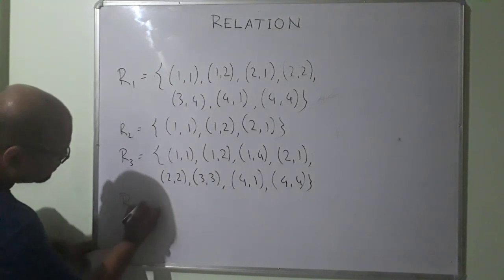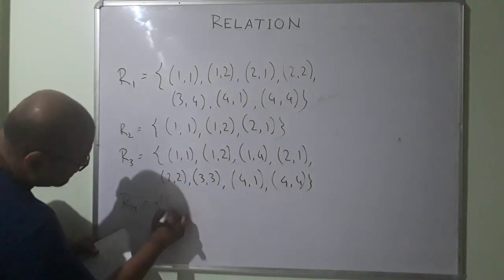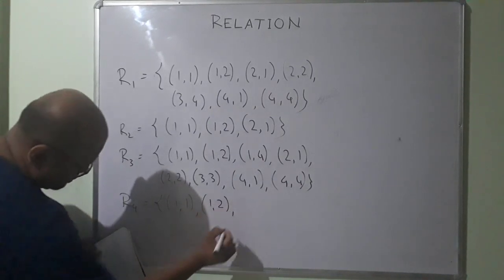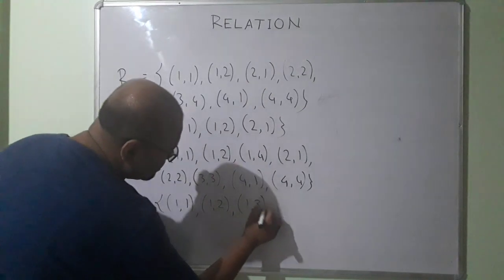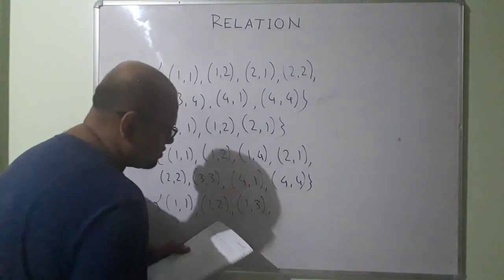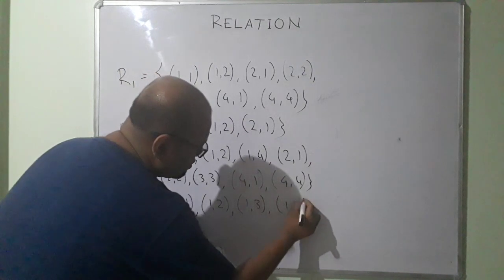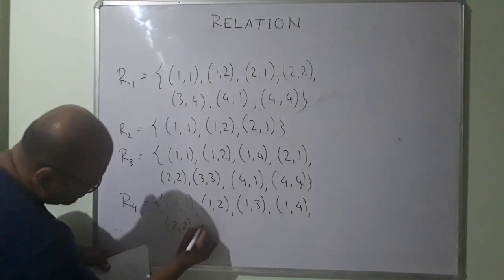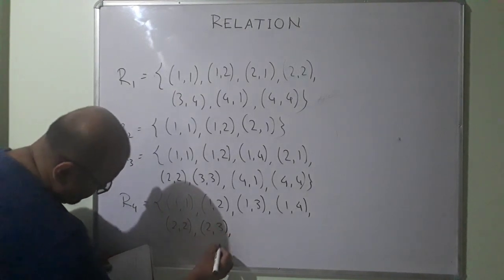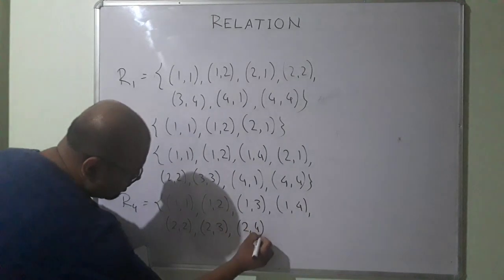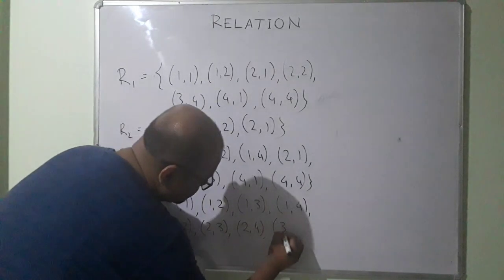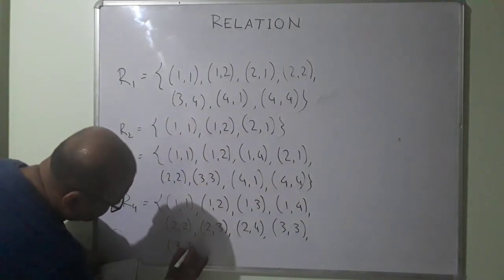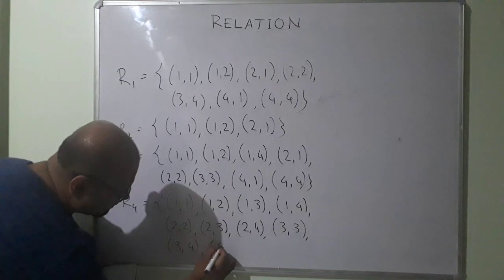Then the final relation R4. R4 consists of 1 1, 1 2, 1 3, 1 4, 2 2, 2 3, 2 4, 3 3, 3 4, and 4 4.